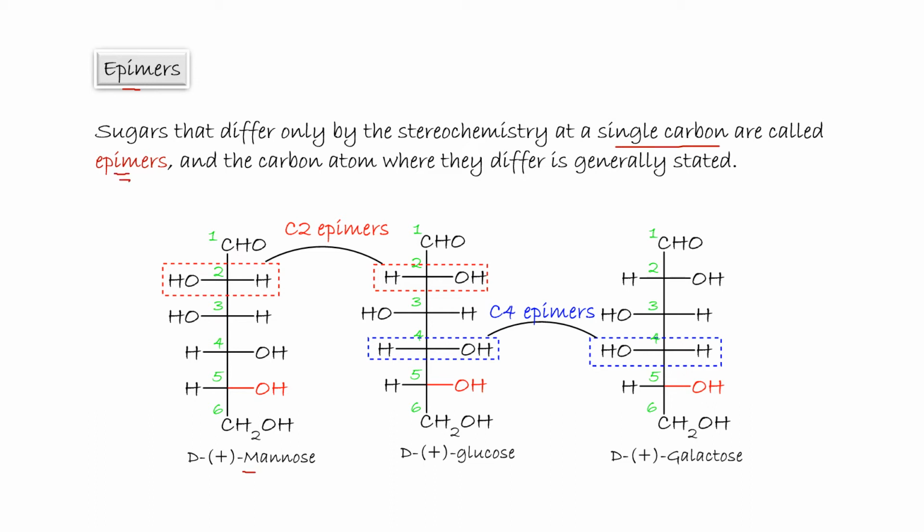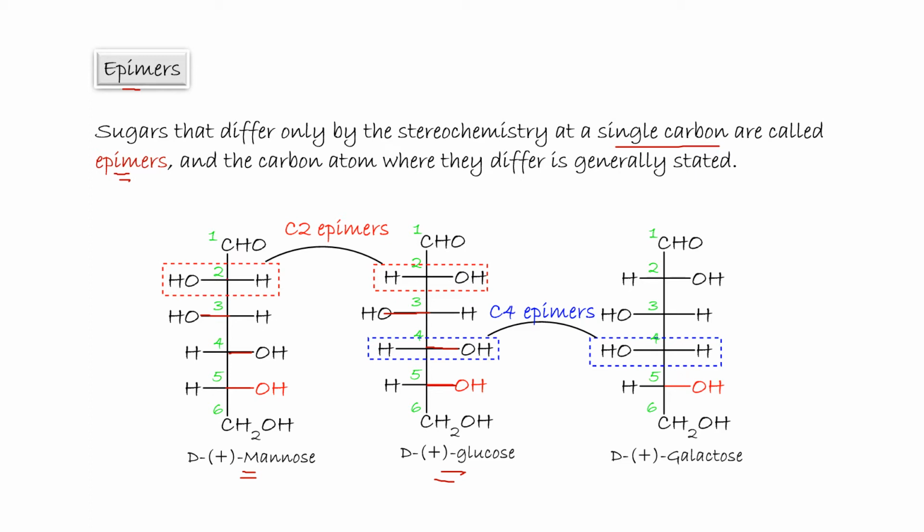For example, mannose and glucose. Right, right, right, right, left, left. So up to these carbon atoms, the configurations are the same.